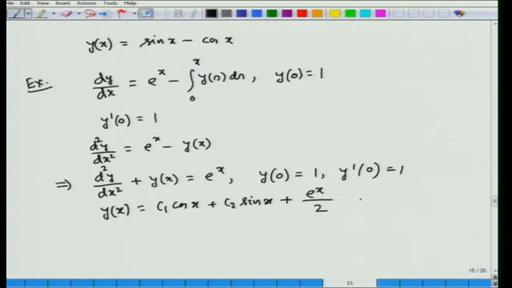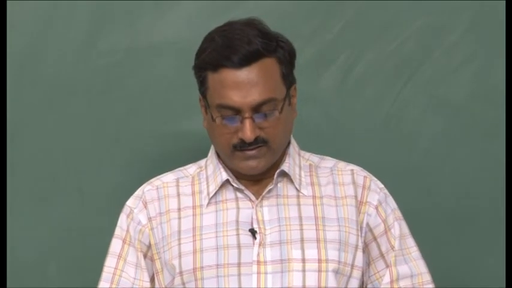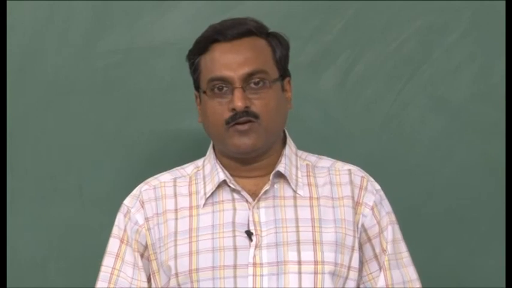Then using these two initial conditions you can find the solution of this problem as y(x) equal to cos x by 2 plus sin x by 2 plus e to the power x by 2. Of course, by substituting this expression for y(x) into the given integral differential equation, you can verify this is a solution of this particular problem.